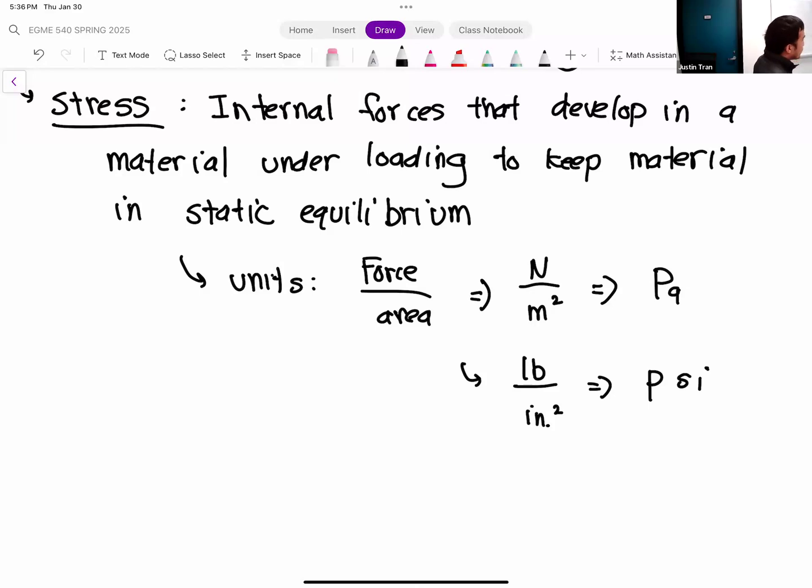Notice how the units for stress are the same as pressure. Both describe a force distributed over an area. The way we interpret stress is a little different from the way we interpret pressure. It's a little confusing because they have the same units but slightly different connotations and applications. But just know that stress and pressure have the same units.